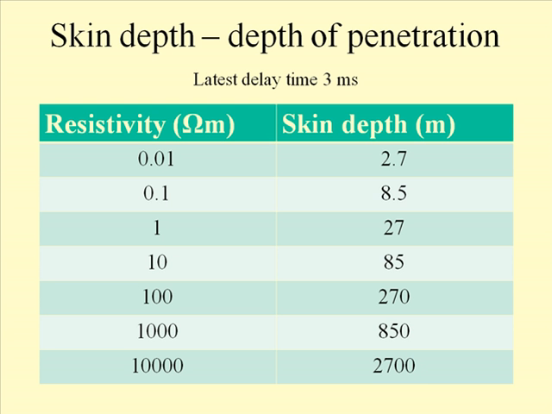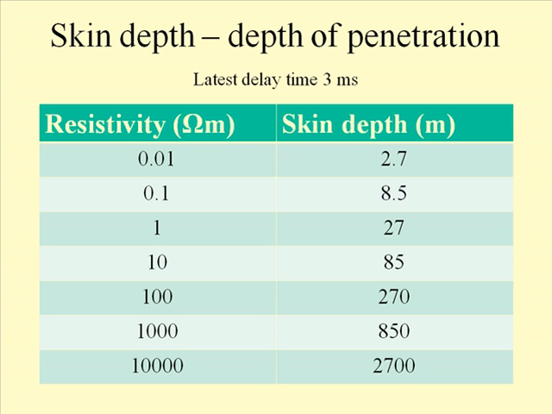So this particular table is for a delay time of 3 milliseconds after the current in the transmitter has switched off, and you can see that the skin depth varies depending on what the resistivity is. Typically, rocks in a sedimentary basin will have resistivities of the order of 10 or 100 ohm meters, and this corresponds to skin depths or depths of penetration of between 85 and 270 meters into the ground, which isn't that deep.